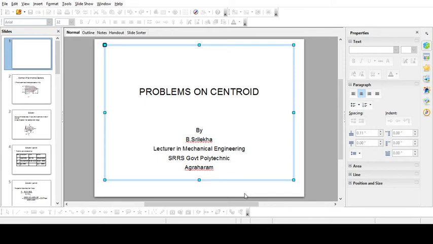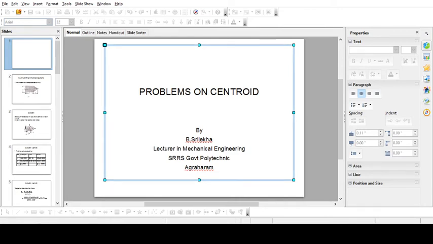So it will give 44,160. Next, sum of the moment of areas about x-axis is 5760 plus 49,920. It will give you a value of 55,680. Okay. So this is how we need to calculate the values.